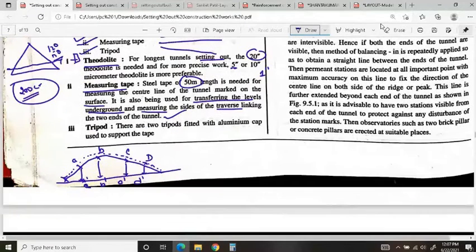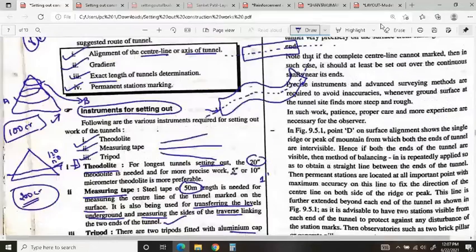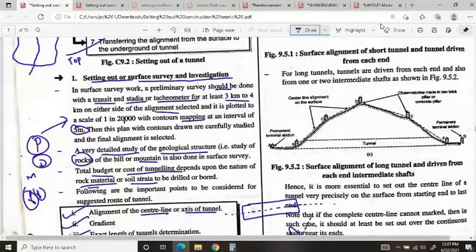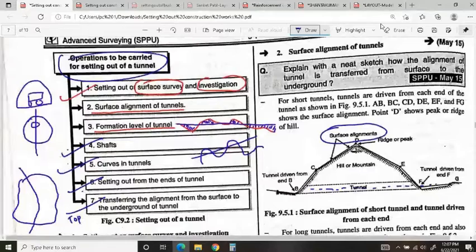Tripod: there are two tripods fitted with an aluminum cap, used to support the tape. And the important point is the surface alignment of the tunnel.